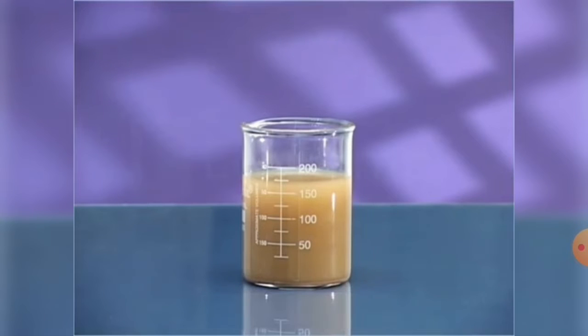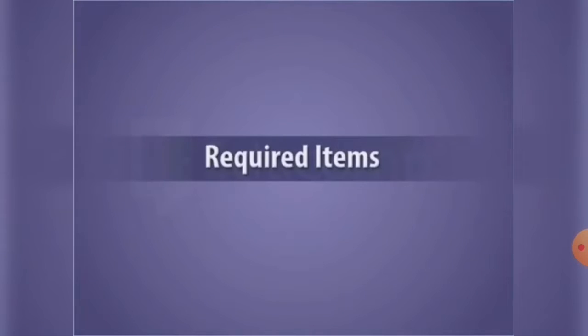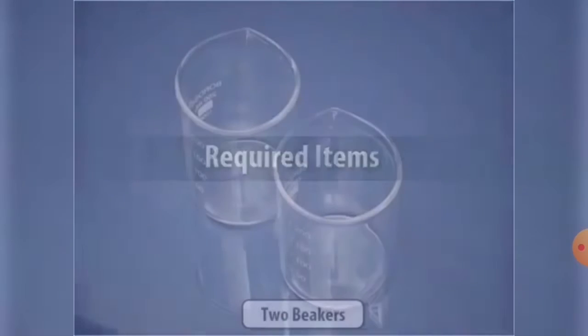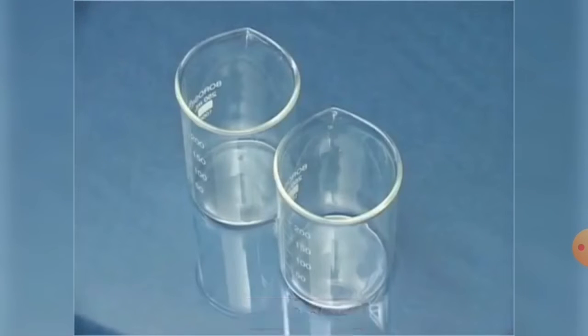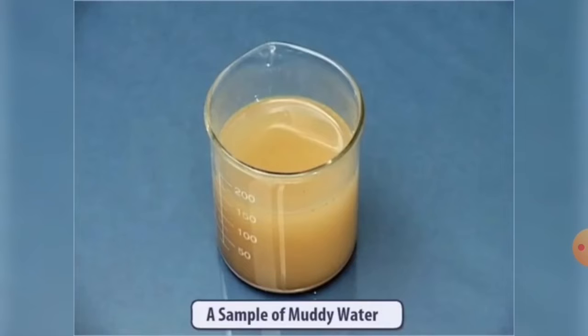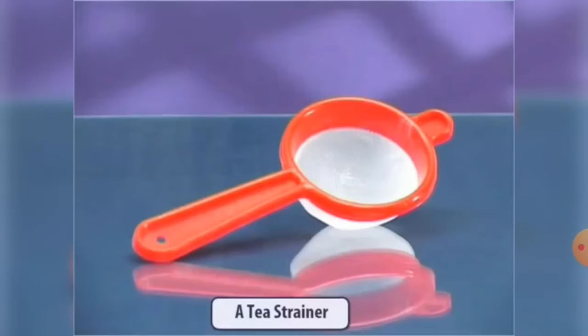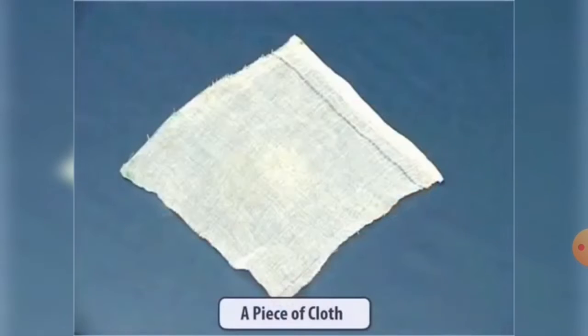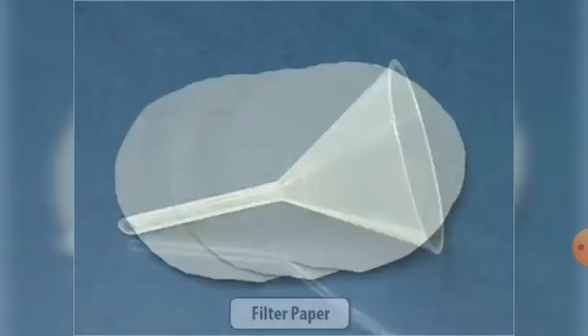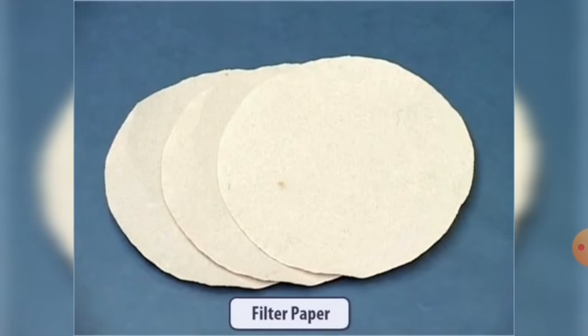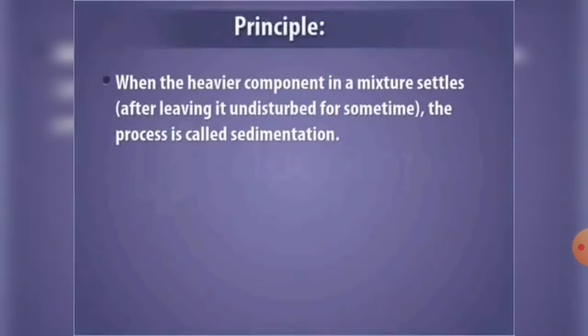To carry out this experiment, we need some requirements. First is the sample of muddy water, and the required items are 2 beakers, 1 spoon, again the sample of muddy water, and different filtering medias like a tea strainer, a cotton cloth, and a filter paper along with a funnel. Filter paper, strainer, and cotton cloth are the filtering medias.